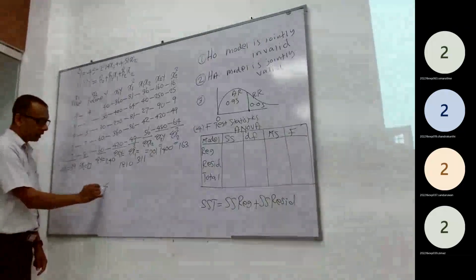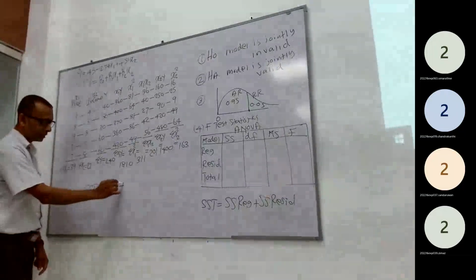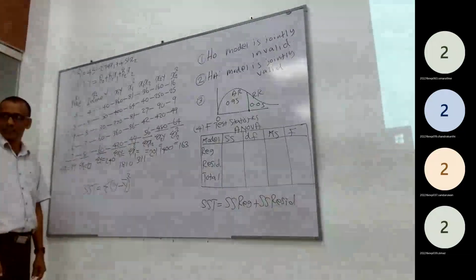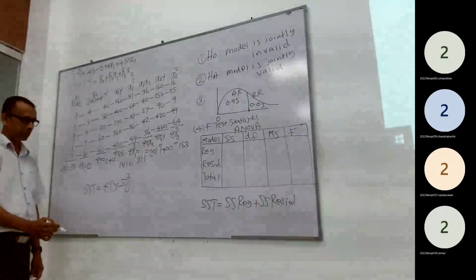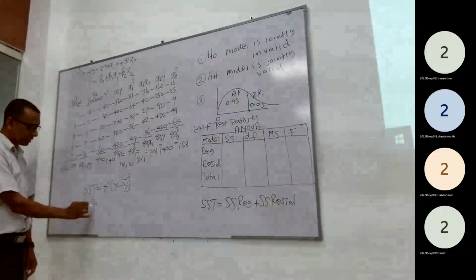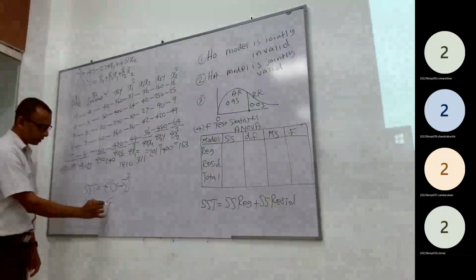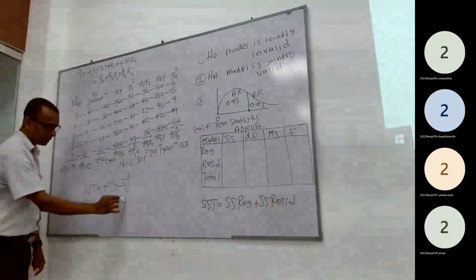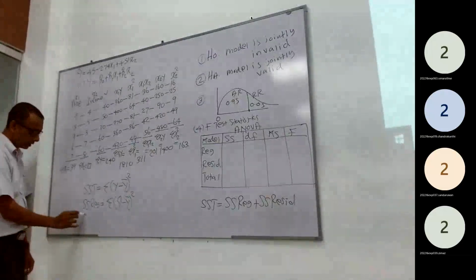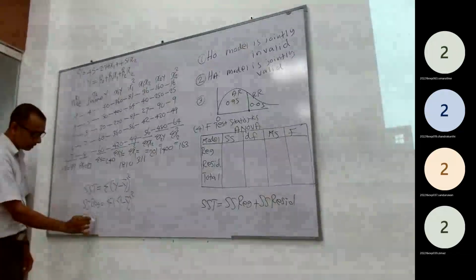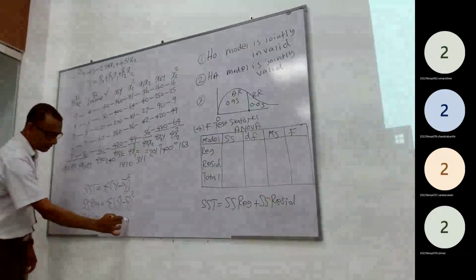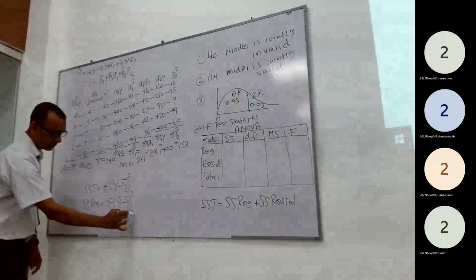SST means sigma y minus y bar squared. SS regression means sigma y hat minus y bar squared. SS residual means sigma y minus y hat squared.